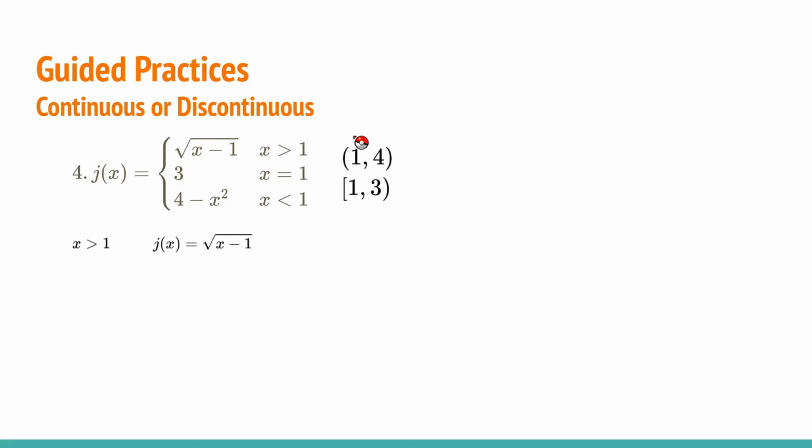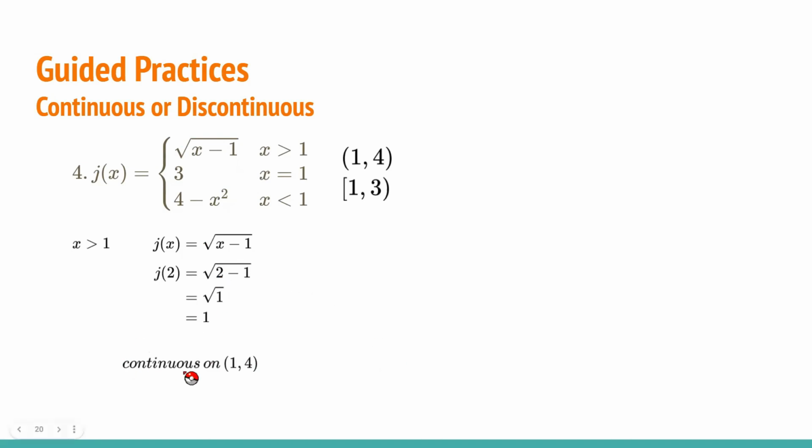Since 2 and 3 are greater than 1, we will use the square root of x minus 1. If we try to replace the value, we would always get an answer. We don't get an undefined or an invalid answer. So that means this is continuous on the open interval 1 to 4.